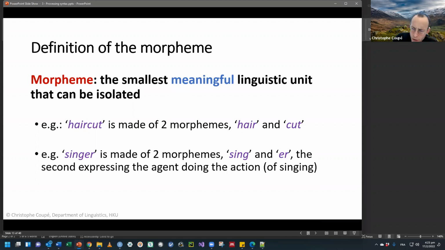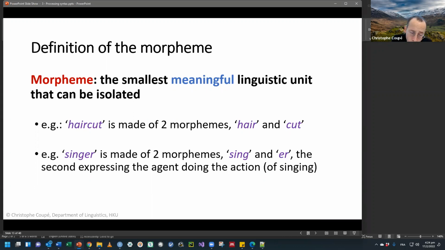If you have singer, you have two morphemes. You have sing, and then you have er, and if you think of other words, you will find that er kind of means designate the agent doing the action, here the action of singing.